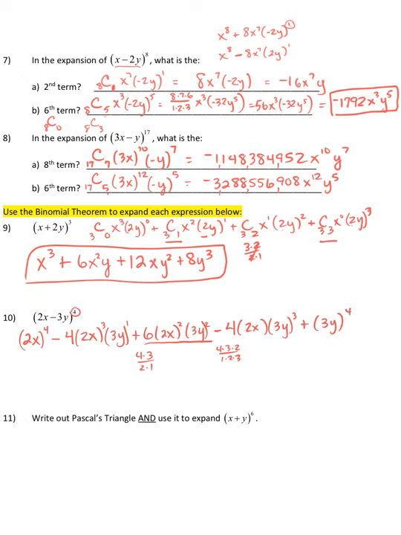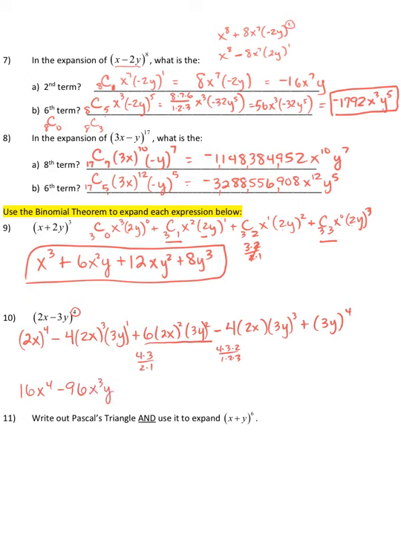So then you just have to calculate: 2 to the 4th is 16, so the first term is 16x to the 4th. Then you're going to have to take 2 cubed is 8, times 4 is 32, times 3 is 96, so it's going to be 96, and it'll be x to the 3rd y.